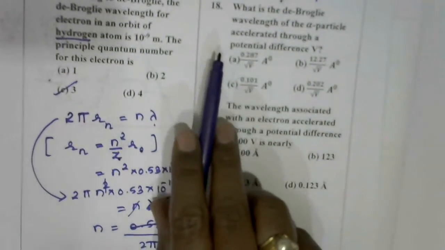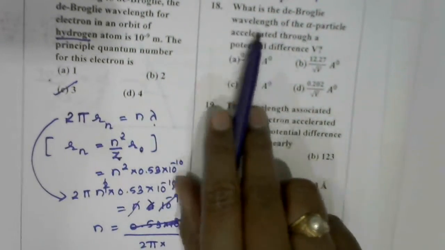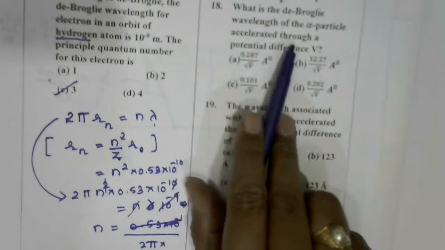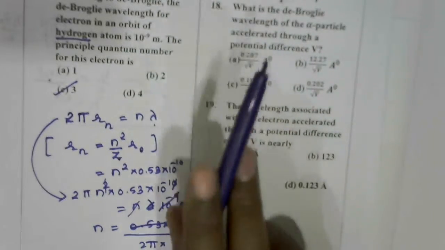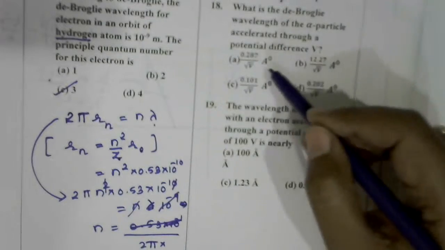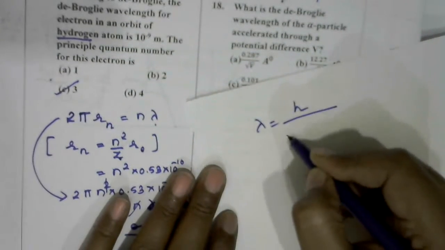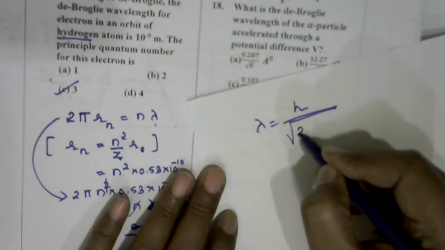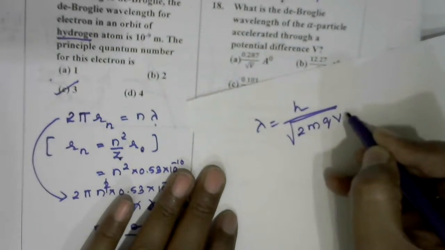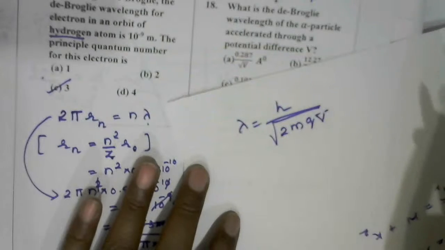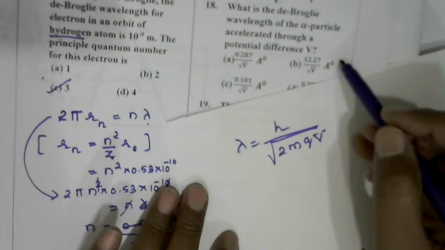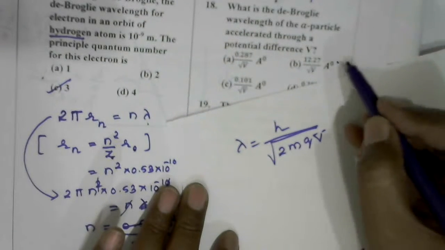Next one: what is the de Broglie wavelength of an alpha particle accelerated through a potential difference? Here my advice is, Sharan Gowda, better you remember all these values. Because with the equation lambda equal to h divided by square root of 2mqV, it takes out your time. Often you will be remembering this. This is for your electron.